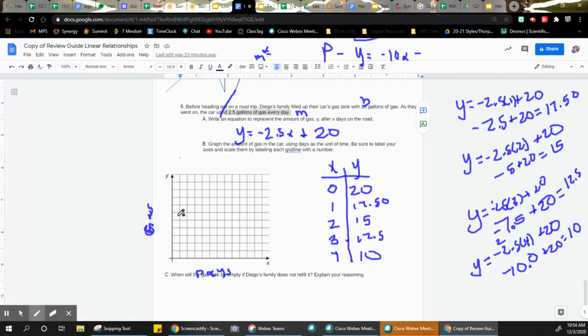So now I'm going to go ahead and set up my scale. I'm going to do days in ones. So 1, 2, 3, 4, 5, 6, 7, 8, 9, 10, 11, 12. And I can clearly see that I'm not going to have enough here to get up to 20 on my own. So I'm going to go up by 2.5s.